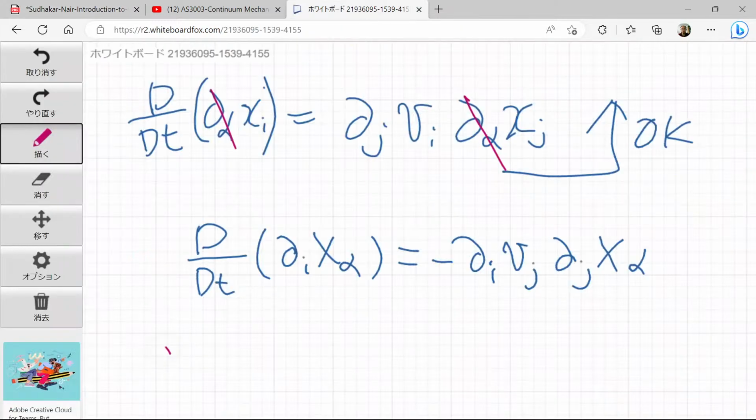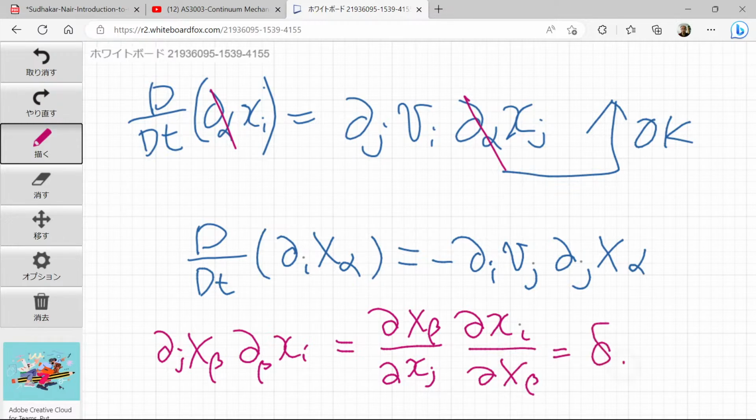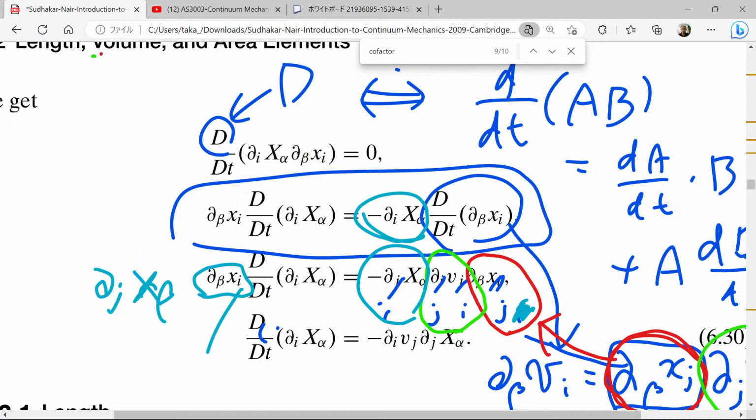Partial j x beta, partial beta x_i. So if we do this, partial x beta, partial small x_j and partial small x_i, partial large X beta. So this is delta ij. Yeah, we just multiply this one. So this part becomes delta ij.